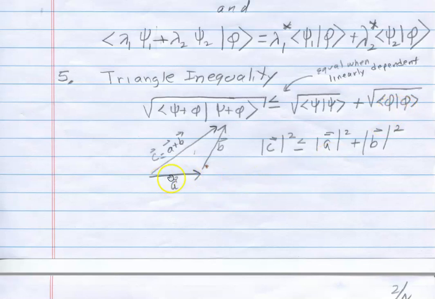That's called the triangle inequality because in vectors it's pretty easy to show. It's related to the law of cosines for a triangle.